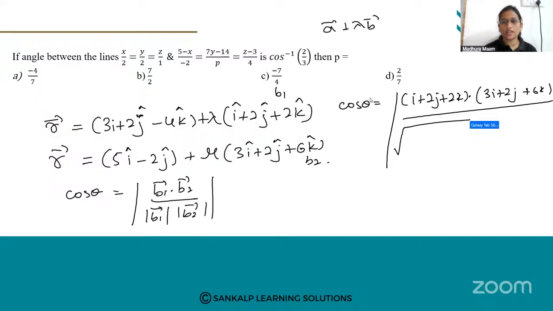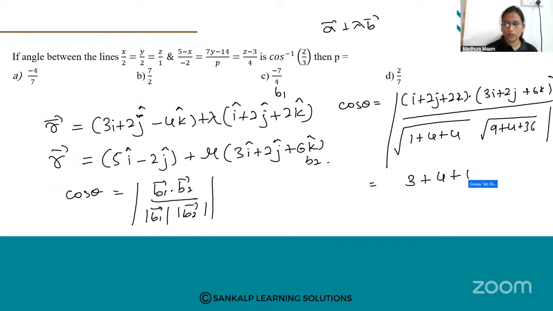What are the scalar components here? 1, 2 and 2. So 1 square is 1, 4, 4. Here it is 9, 4, 36. Correct? We know how to find the dot product component-wise: 1 into 3 is 3, 2 into 2 is 4, 6 into 2 is 12. This is square root of 9, which is 3.